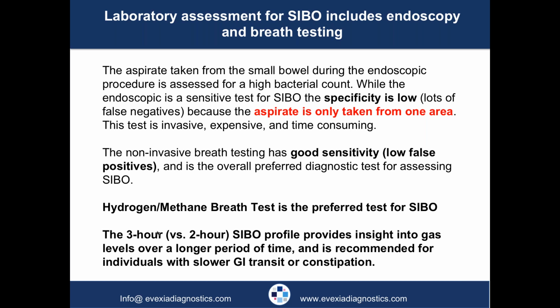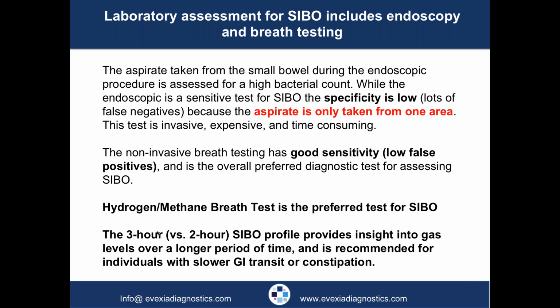The reason is that the aspirate is only taken from one area of the small intestine. If that's not where most of the bacteria is colonized, you're going to get a lot of false negatives. This is why the breath test is a great test. It has good sensitivity, few false positives, and overall it's the preferred diagnostic test for SIBO, and it's non-invasive. So that's pretty cool.